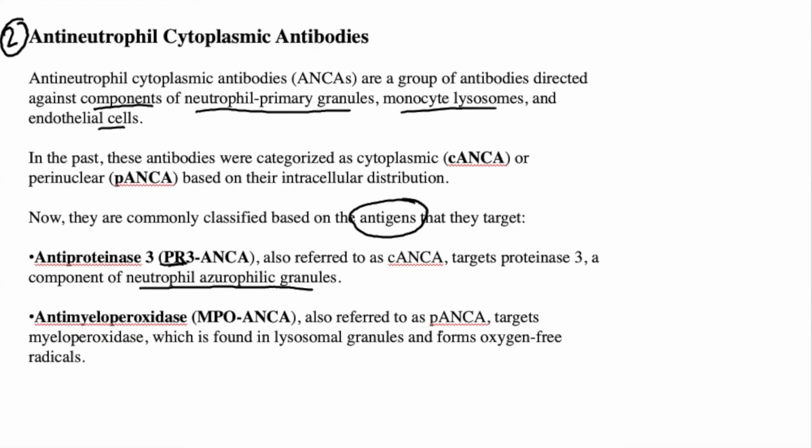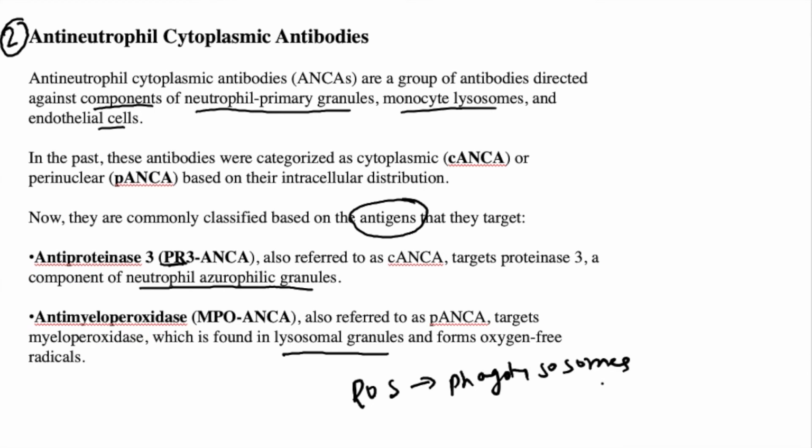Similarly, the P ANCA targets the myeloperoxidase enzyme, which is found in the lysosomal granules. Right now, I discussed the myeloperoxidase enzyme as a part of the respiratory burst or oxidative burst mediated by the neutrophil. This myeloperoxidase is an important enzyme which has an important role in the generation of reactive oxygen species inside the phagolysosome.